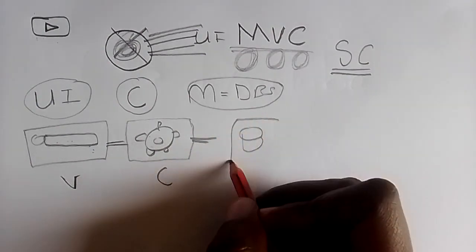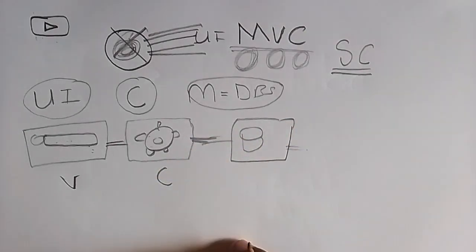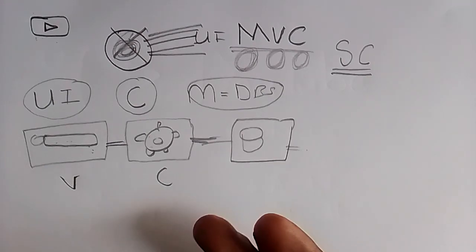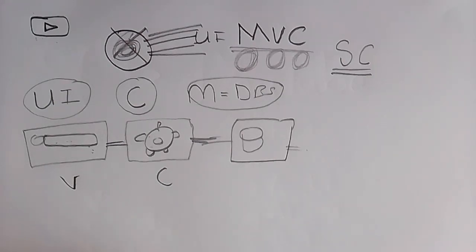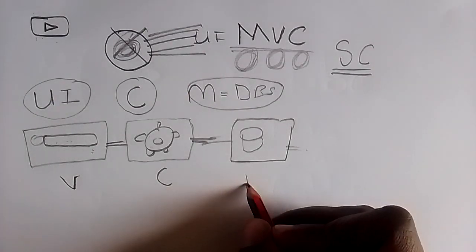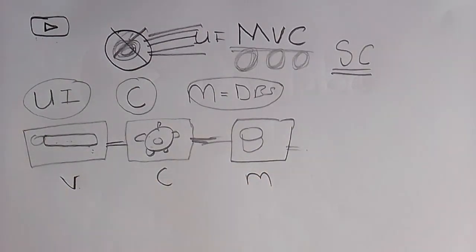So it's the model that connects to the database to query information. So I strongly believe that based on how YouTube is scaling, and how accurate and efficient it is, it must have been developed out of this pattern, the model view controller.